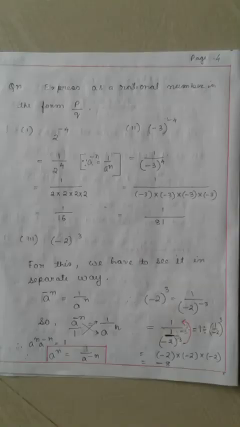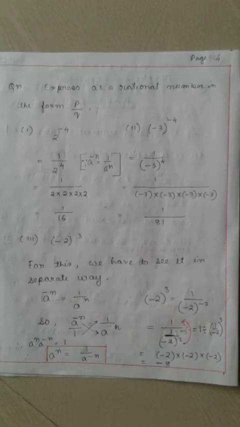Let us see some examples where exponents are expressed as rational numbers. In the first example, we have 2 to the power minus 4. 2 to the power minus 4 can be written as 1 by 2 to the power 4. 1 by 2 to the power 4 means 1 by 4 times multiplication of 2, which is 1 by 16.